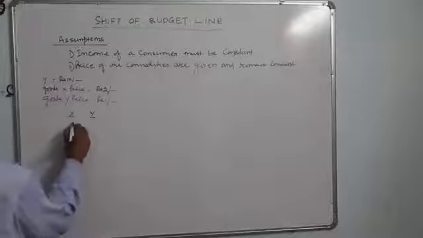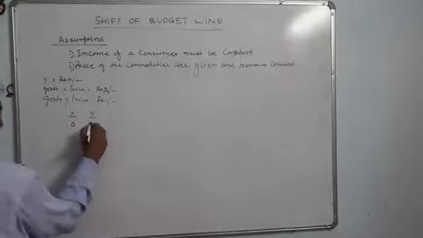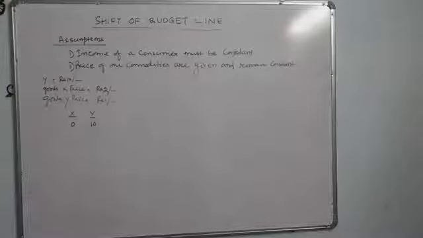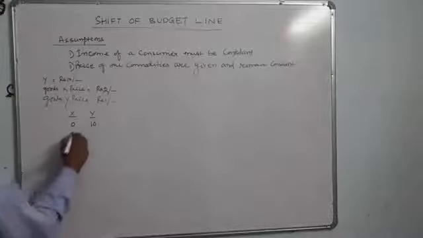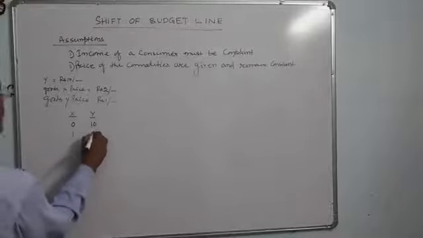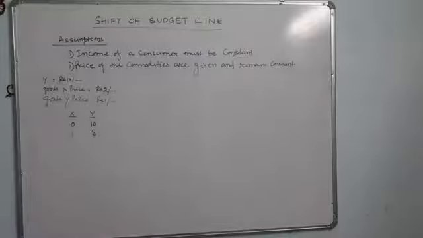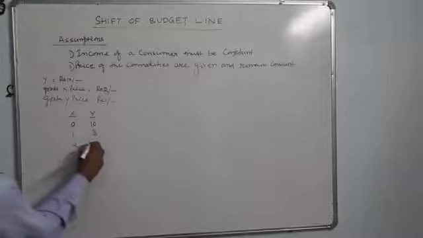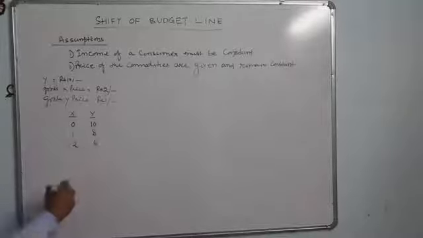When X goods is 0 units, Y goods is 10 units. When X goods is 1 unit, Y goods is 8 units. X goods is 2 units, Y goods is 6 units.